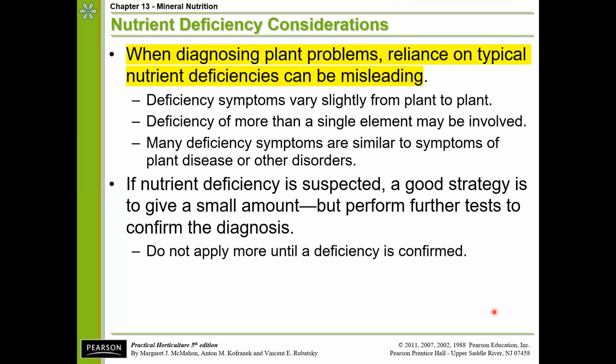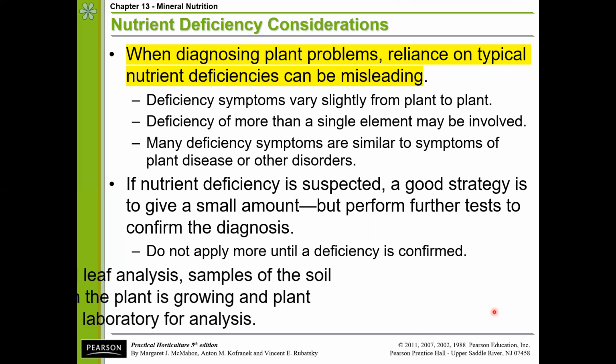If you suspect that you have a deficiency, a good strategy would be to start to supply a small amount of one of those nutrients and wait a little while, usually only a few days, to see if there's a reaction.